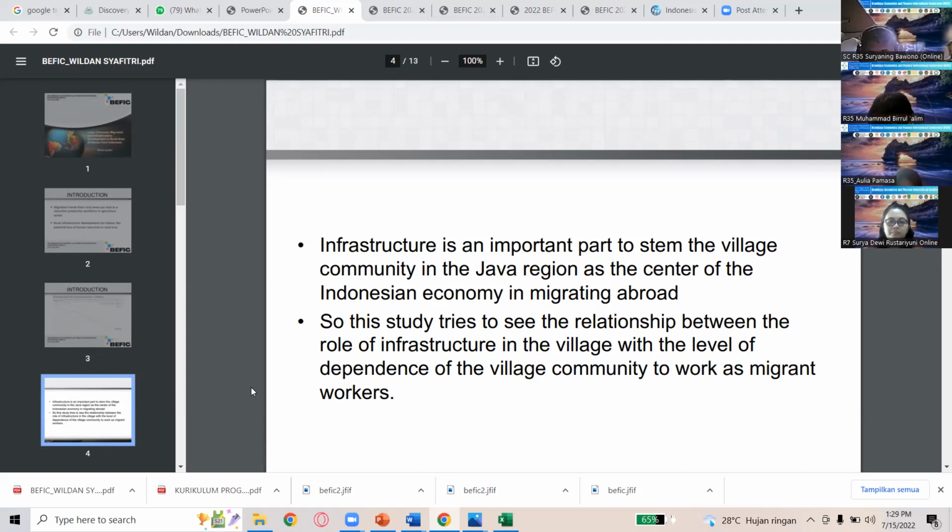So in this study we try to test the relationship between infrastructure in the village and the level of dependence of the village community. We use potential data that we collect from almost 90,000 villages in East Java from PODES, and we want to know the relationship between infrastructure and migration.